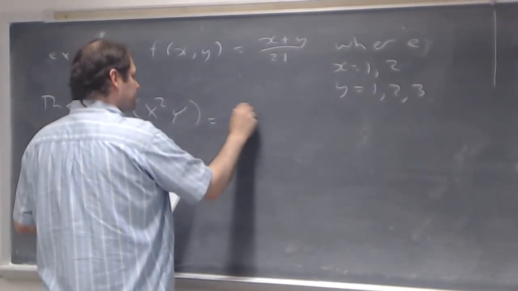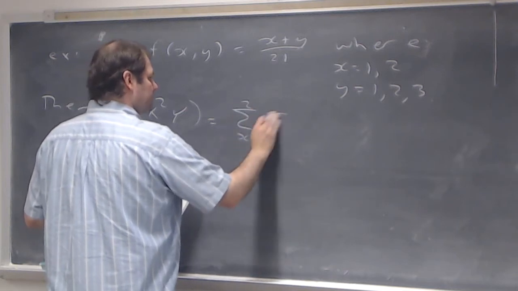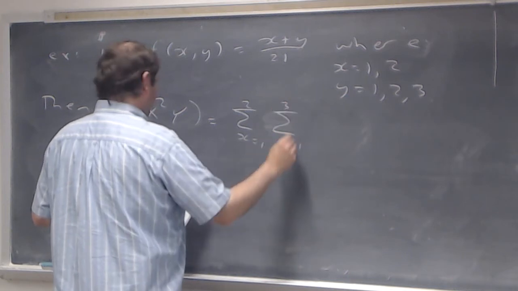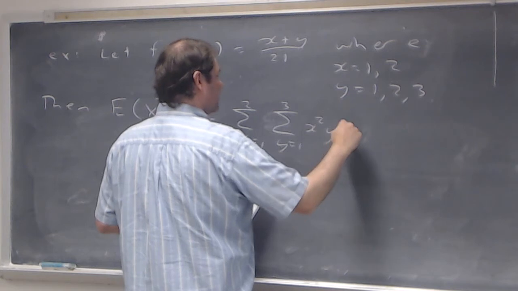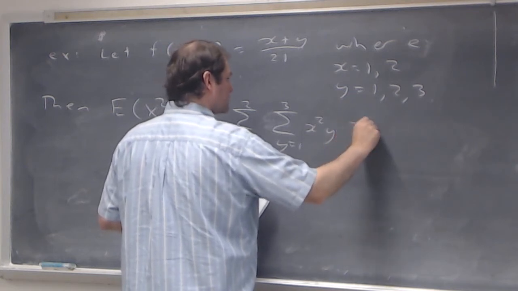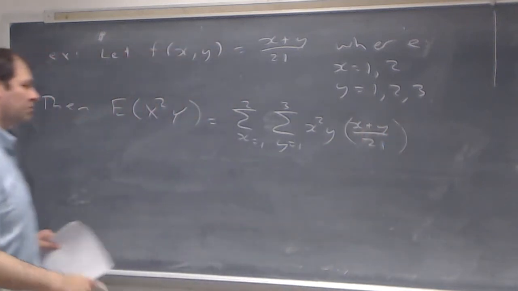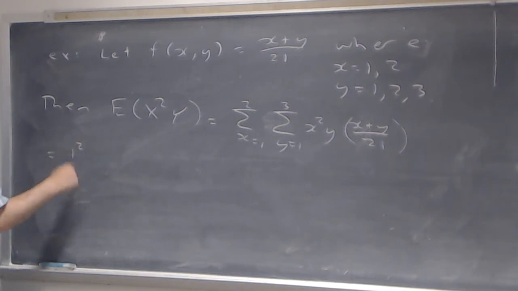Okay, what it's going to be equal to is the sum over the x values, which is 1, 2, sum over the y values, which are 1 to 3, of x squared y, and then we have to multiply that by the joint PMF, which is x plus y over 21. So when x is equal to 1, we have 1 squared, and then we let y run from 1 to 3.